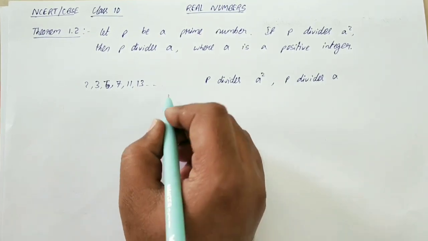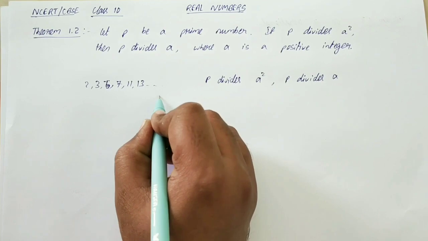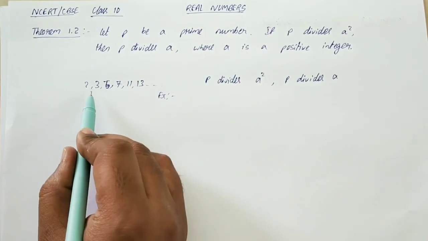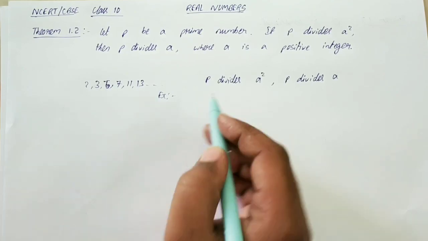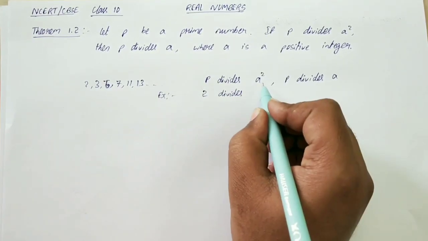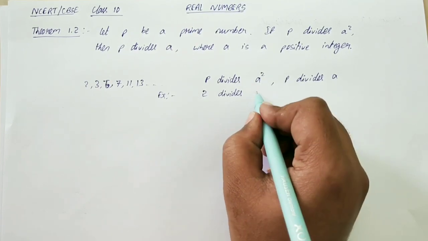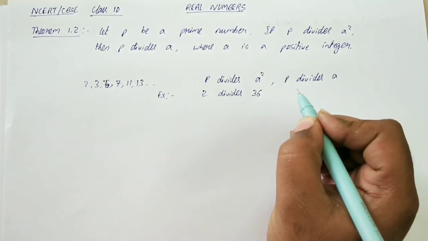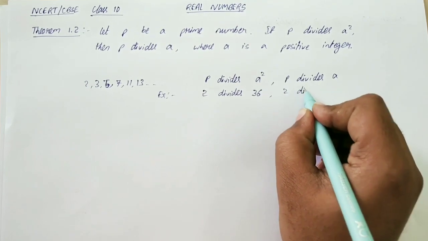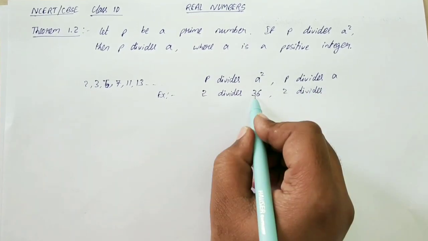We'll take one example now, then you will understand clearly. P is a prime number here. Let us take the prime number 2. 2 divides A square; we'll take A square as 36. Then 2, a prime number, divides what is A?